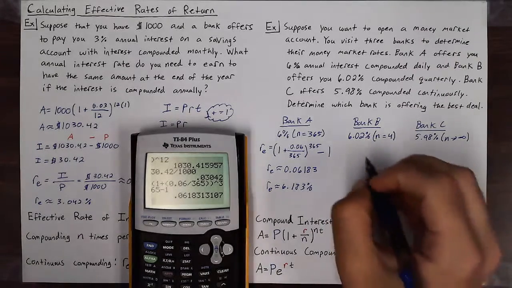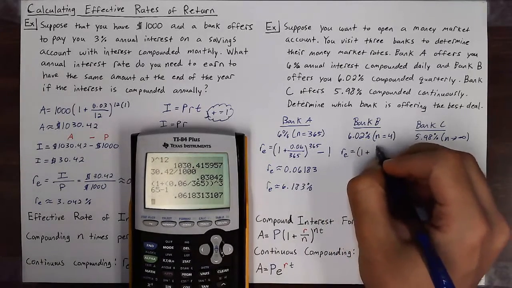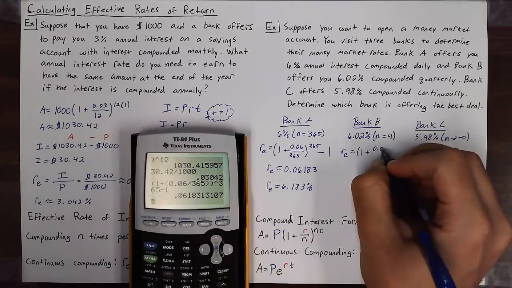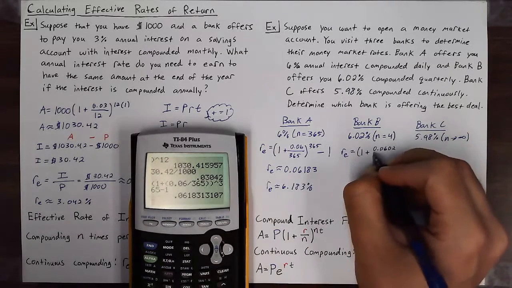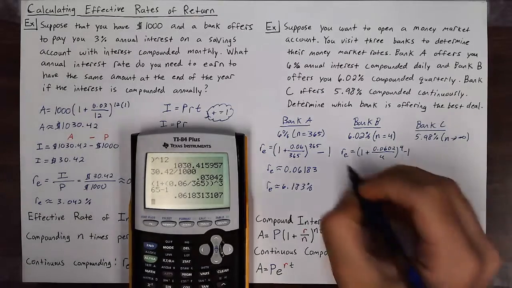Now let's look at Bank B, where its effective rate of interest will be equal to 1 plus the rate, which is 0.0602 over 4, all raised to the 4th minus 1.